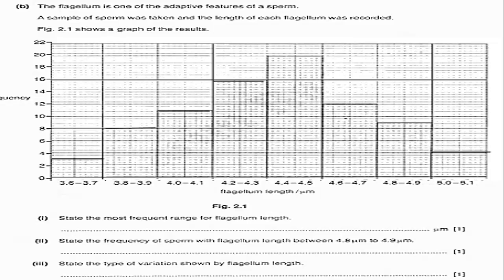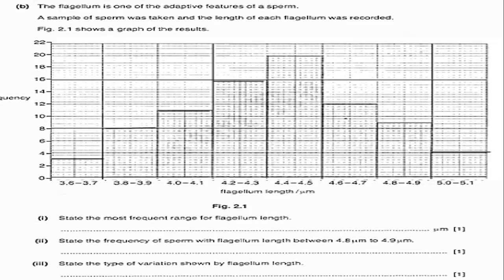Okay, another question. The flagellum is one of the adaptive features of a sperm cell. A sample of sperm was taken and the length of each flagellum was recorded. Figure 2.1 shows a graph of the results. The first question says, state the most frequent range of flagellum.